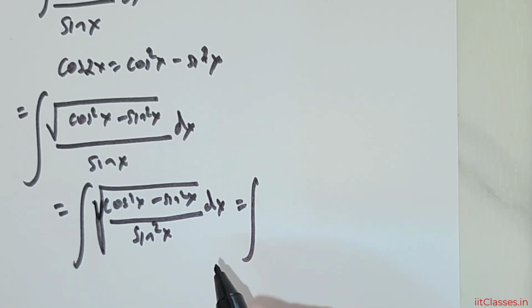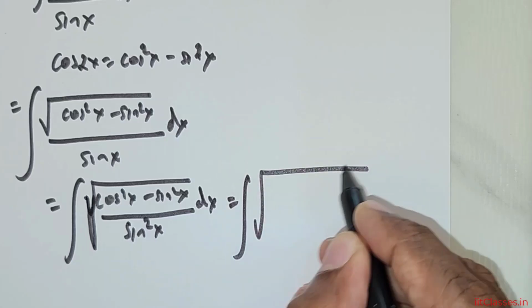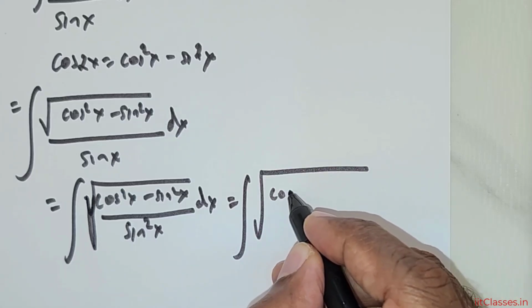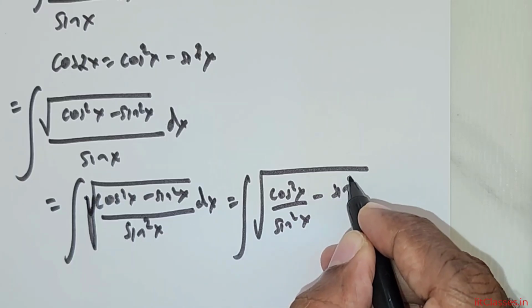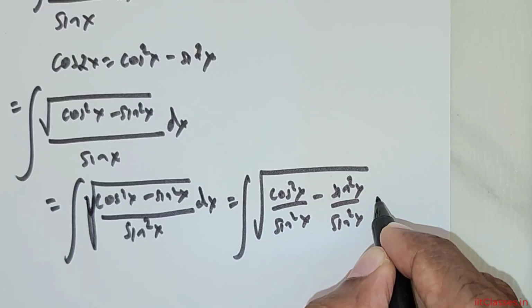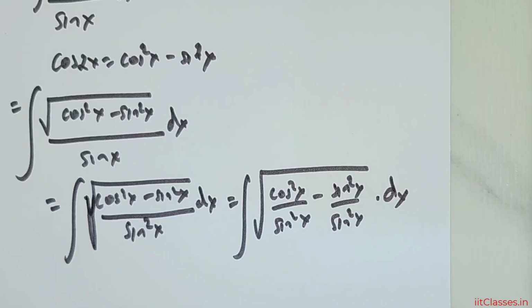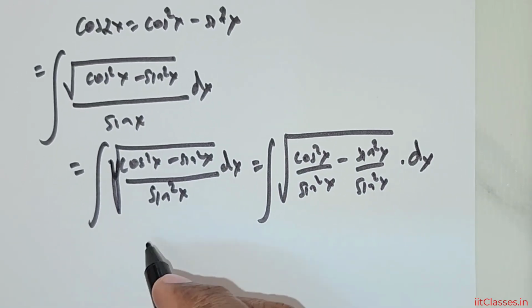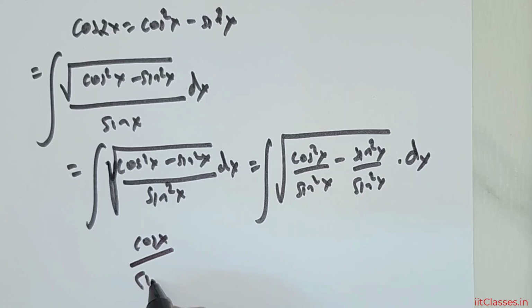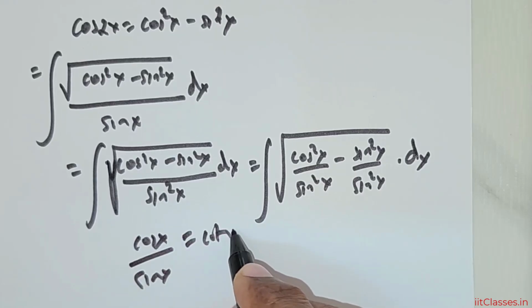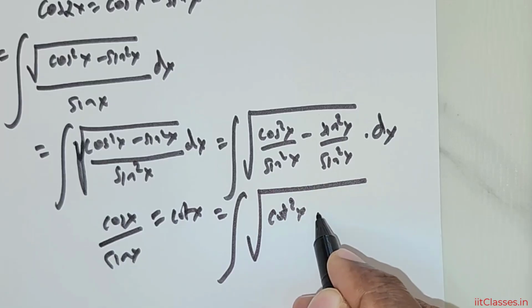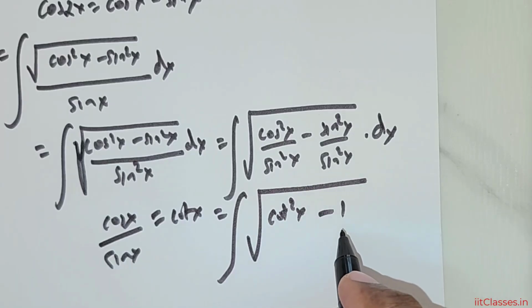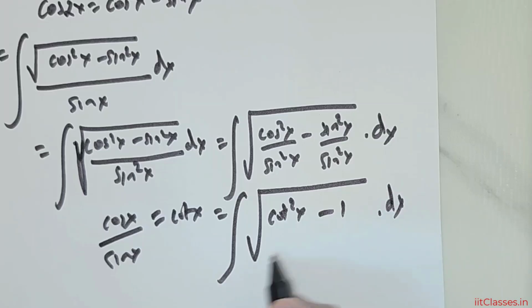Now this is rewritten as the root of cos squared x over sin squared x minus sin squared x over sin squared x times dx. Now cos x over sin x is equal to cot x. So this means the root of cos squared x, sin squared x can be cancelled. So this is what we got.